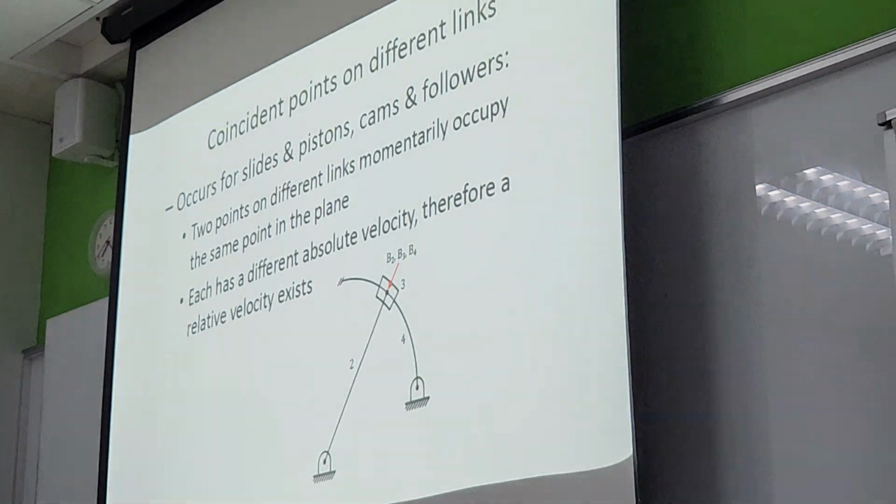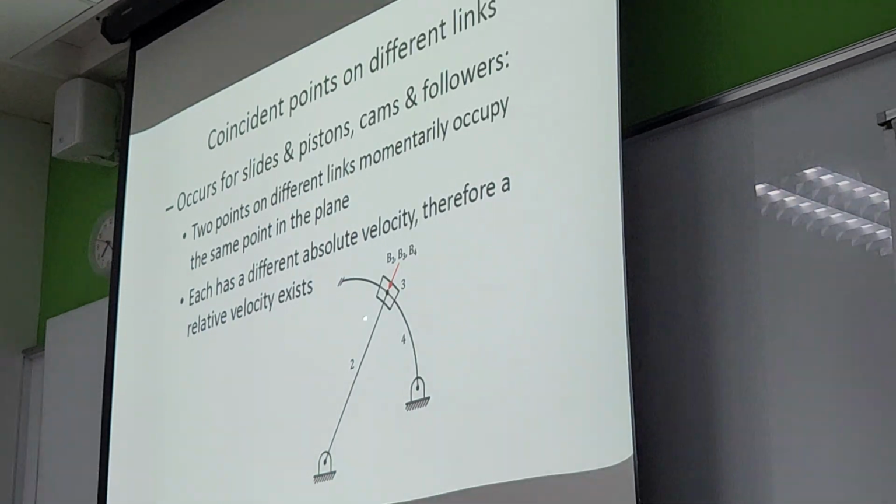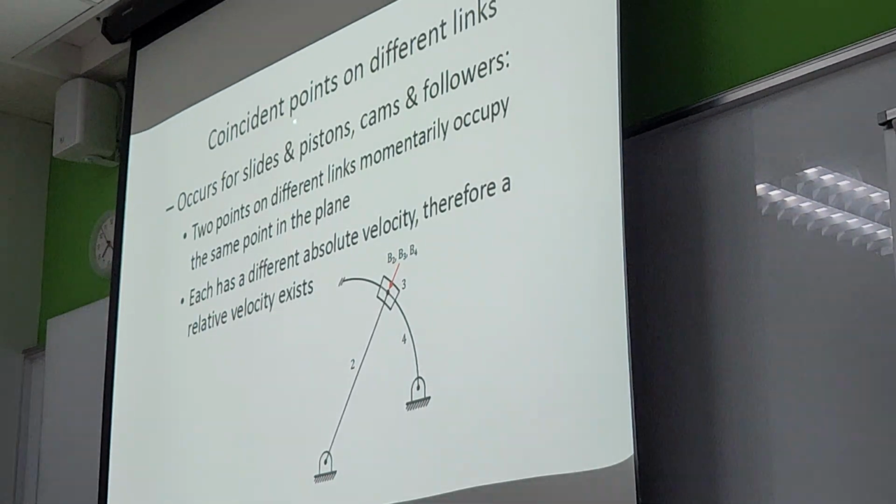Okay, so once the velocity image is known, there will be instances where a point will be representing two links. For example, these are coincident points on different links. This normally occurs when you're dealing with slides, pistons, cams, and other systems.